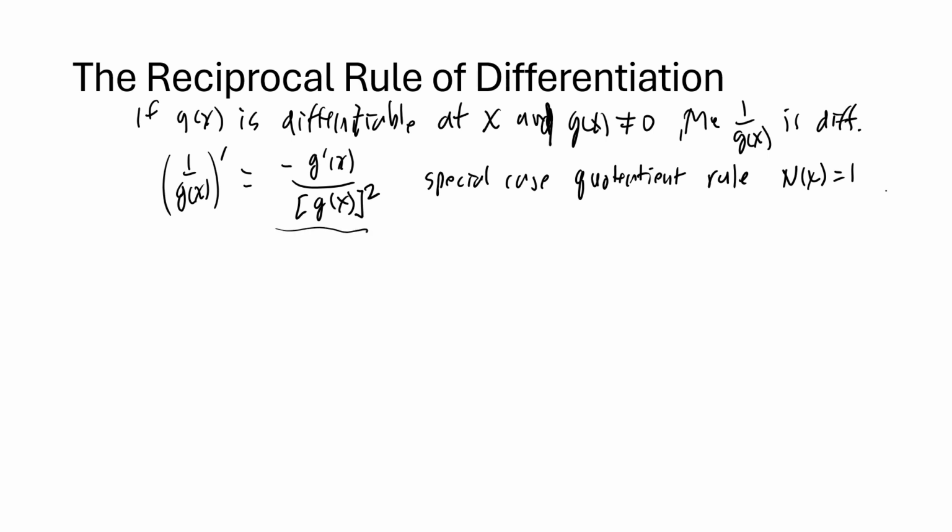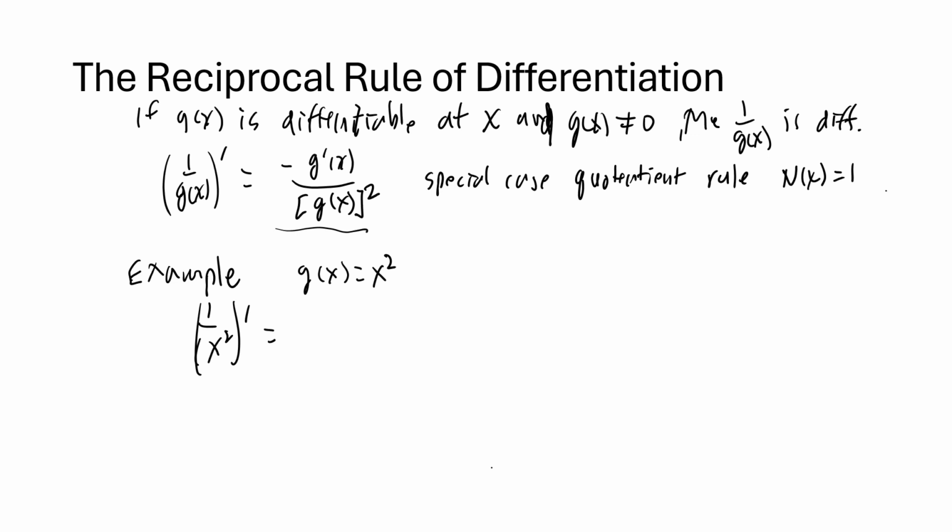Let's do an example. We'll let g of x be equal to x squared. So 1 over x squared, take the derivative of that from our theorem here.